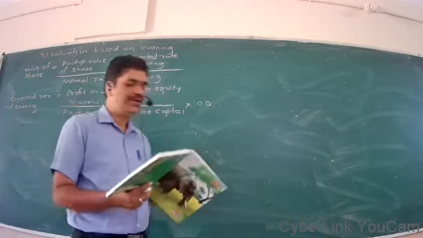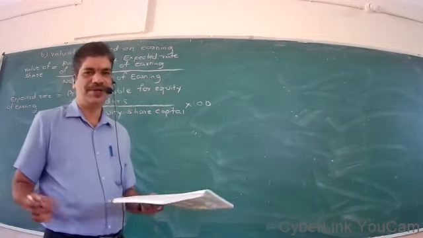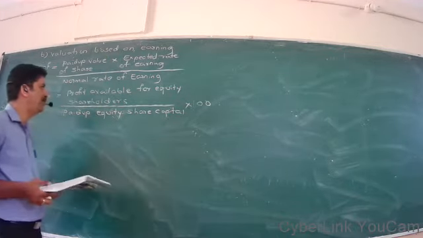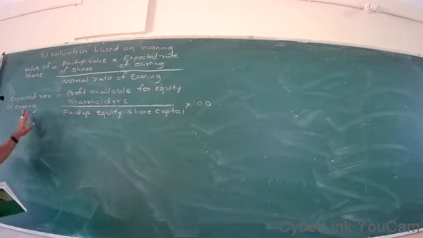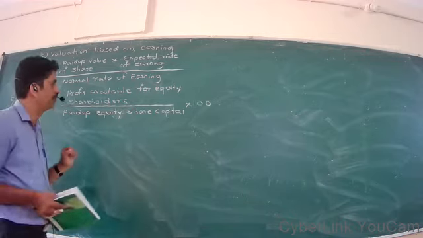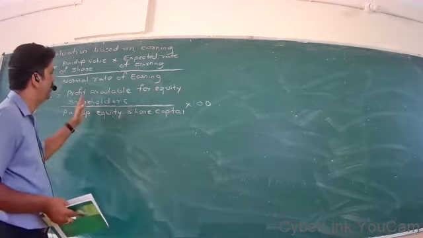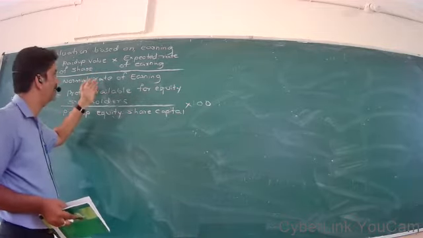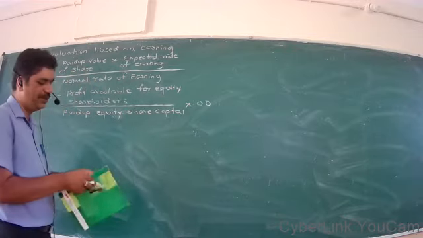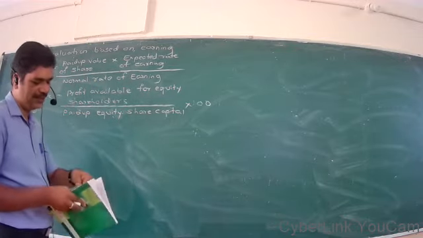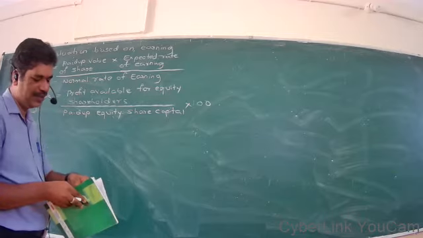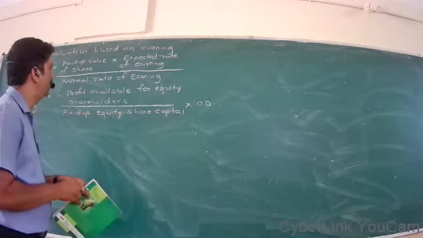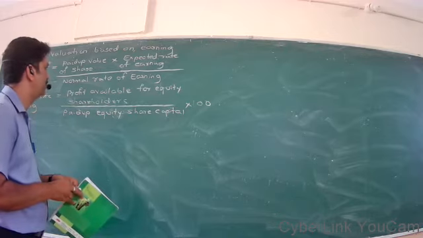So this is the information. Now what actually is required here? We need to calculate the expected rate of earning. For the other aspects, the information is given. The paid up value of share is 8 rupees per share, and the normal rate of earning is 16%.